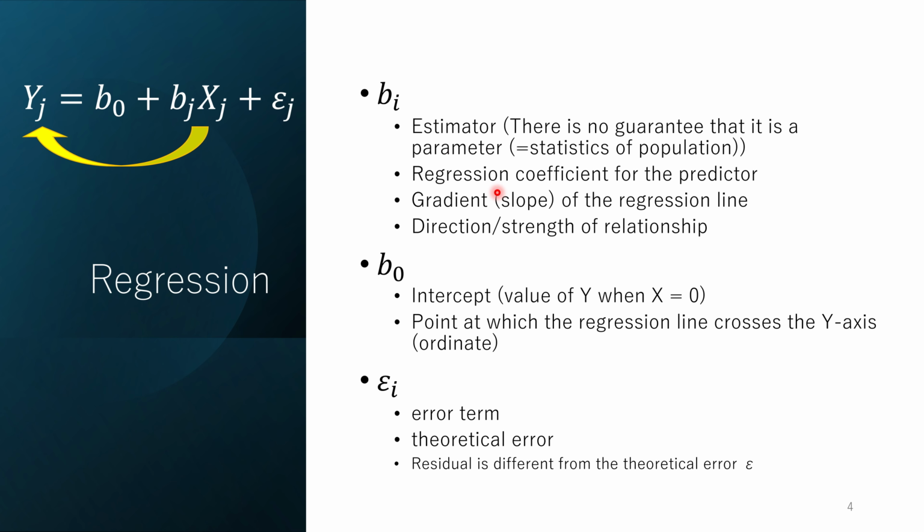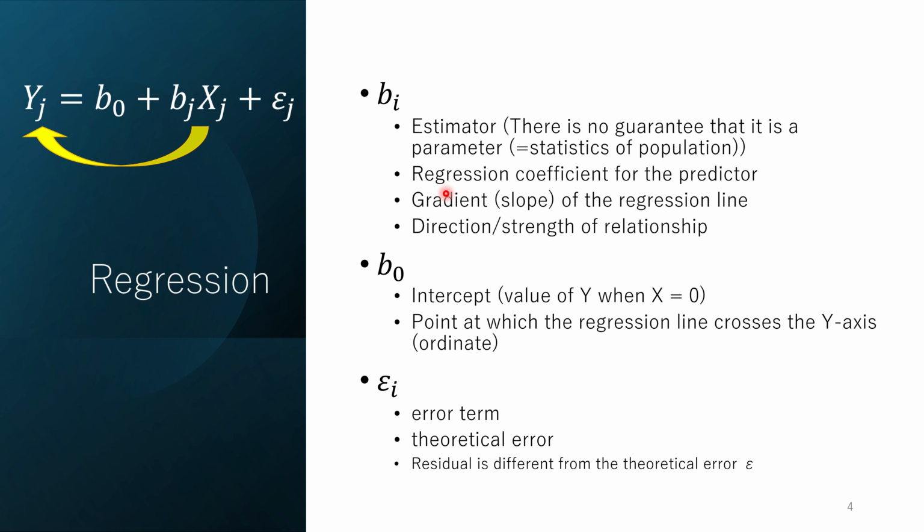It shows both the direction and the strength of the relationship, whether y increases or decreases as x increases. And remember, B is an estimate based on our sample, only our sample, and not necessarily the true population value.